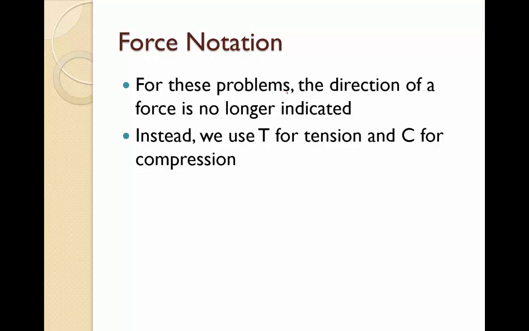When we analyze these problems, no longer should you include a direction. So don't include an angle or a slope triangle. Instead, we use T for tension and C for compression. Tension is when an object is being pulled apart. Compression is when it's being squeezed together.